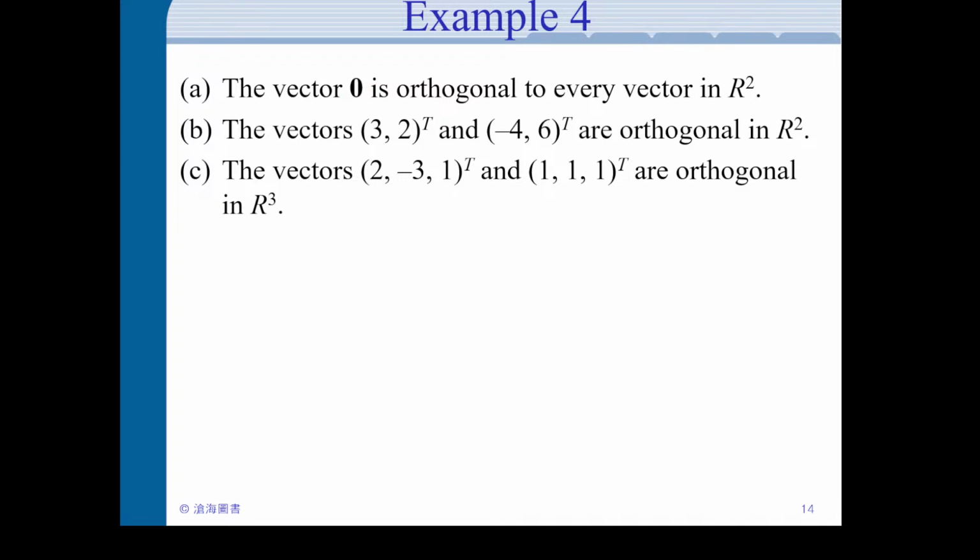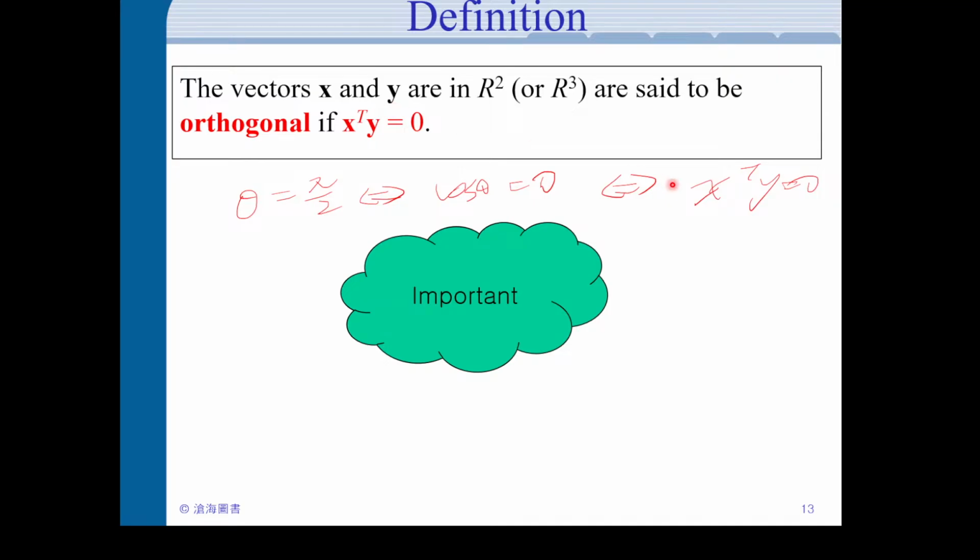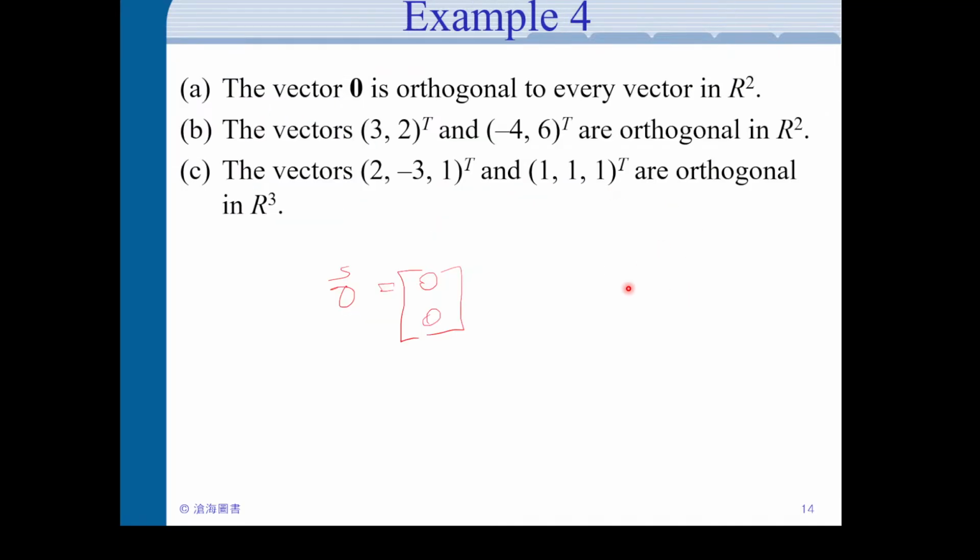In R2, the 0 vector is this 2x1 matrix with 0, 0 components. By our definition of orthogonal, if you take the inner product with anything in R2, you get 0. So the 0 vector is actually orthogonal to every other vector. So this is a special case.